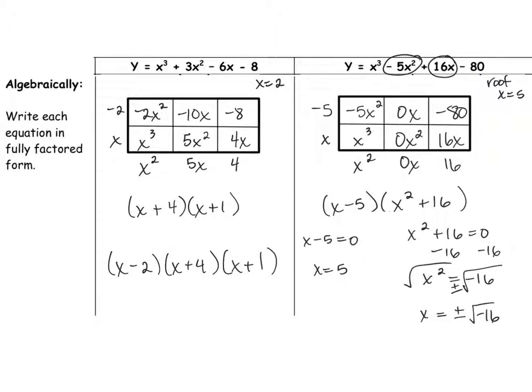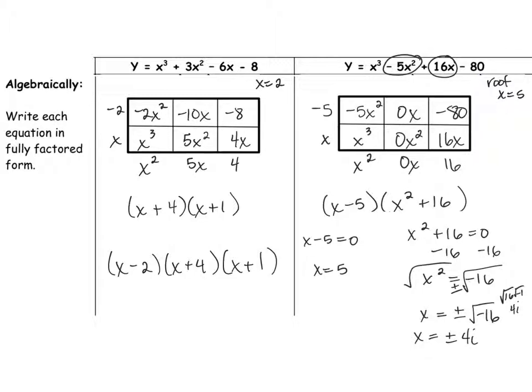And what we also learned last time was the square root of negative 16 is the same as the square root of 16 times the square root of negative 1. I should just write that out. Square root of 16 times the square root of negative 1, so that gives us 4i. So my roots here are going to be plus and minus 4i.